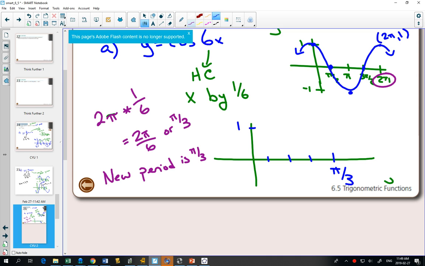A little bit of mental math. How are you going to label each of those sections? I think it's easiest to start with the one in the middle. What's half of pi over 3? Well, if I take pi over 3 and times it by half, that section would be pi over 6. I have 2 more sections to label. I think the first one is now easier, because the first one is going to be half of pi over 6. Does that make sense?